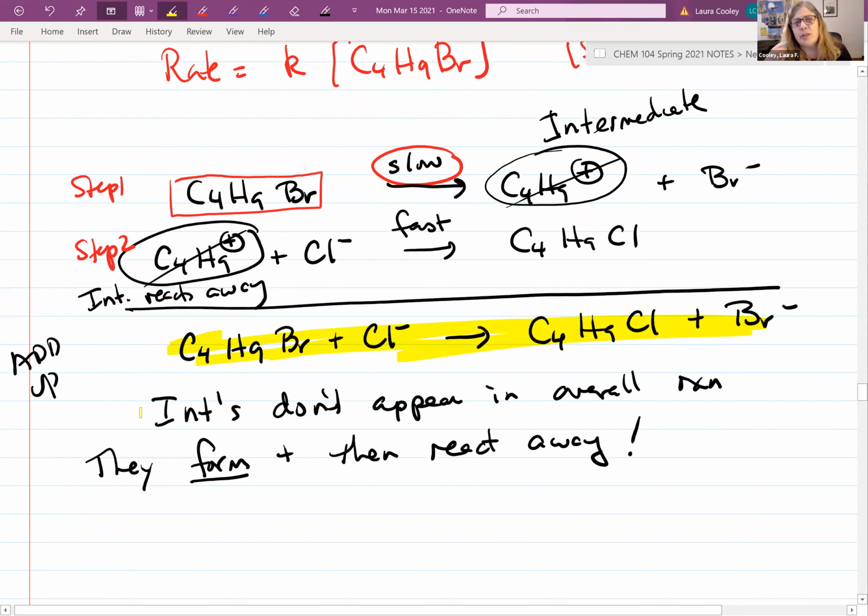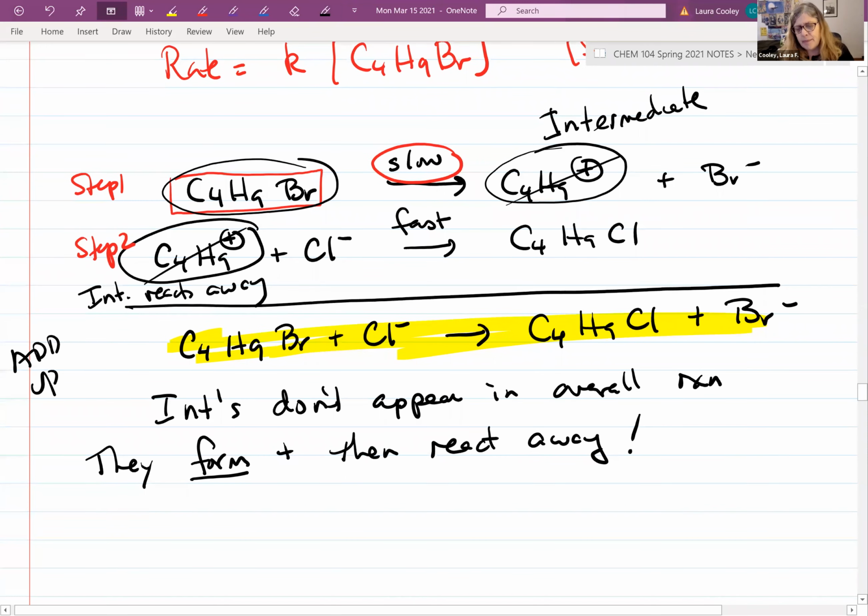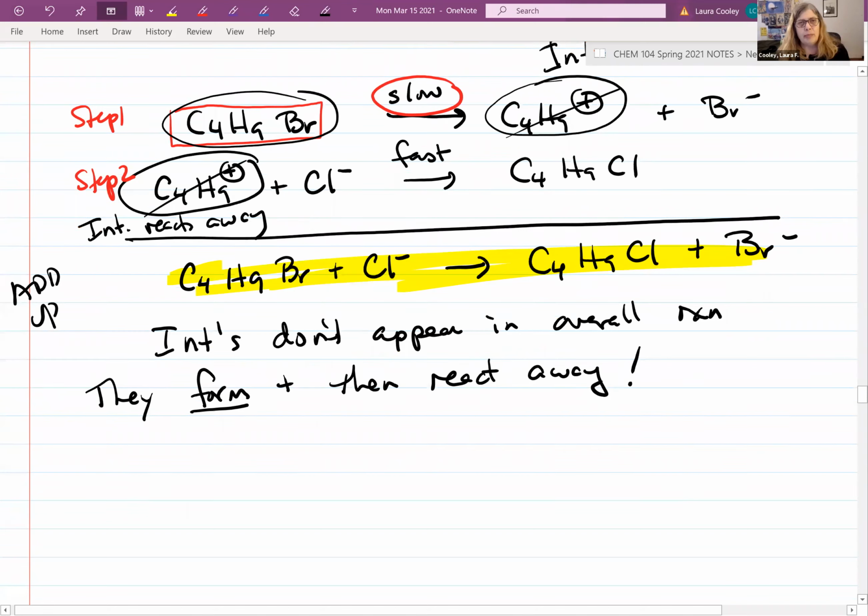So once you do that experiment and you know that it's first order in C4H9Br, then you know that the slow step has to be the reaction of C4H9Br by itself. So basically, by determining the experimental rate law, it gives you a way of figuring out the mechanism, because you will know what reacts in the slow step.